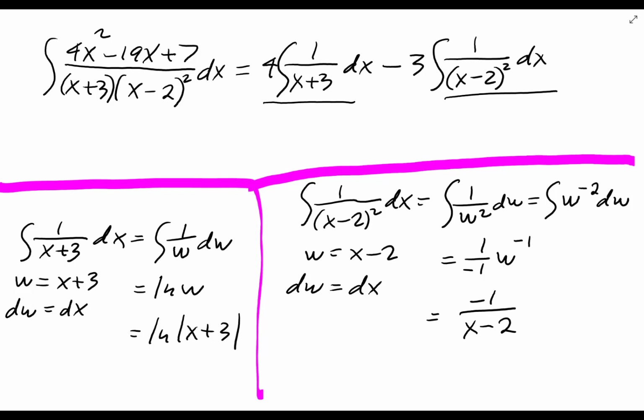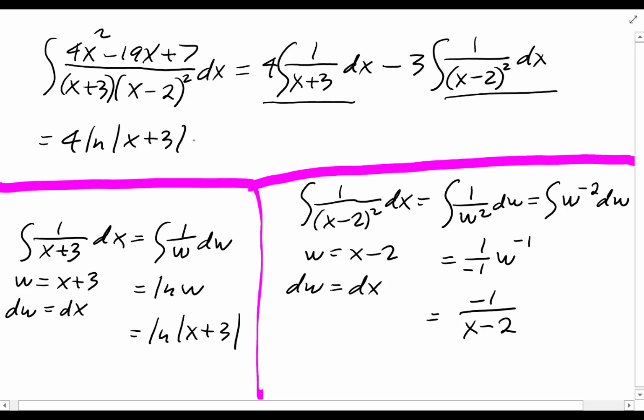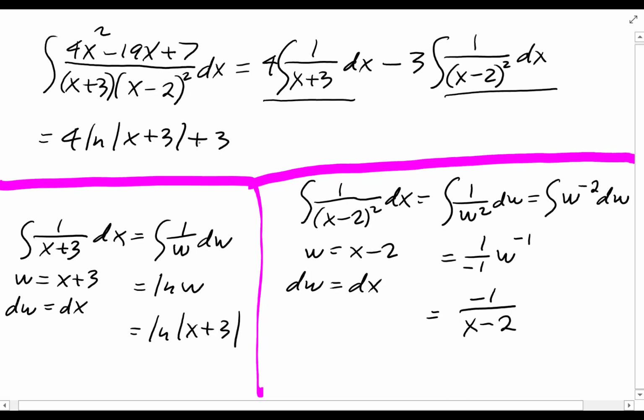And so we're finished. That first integral becomes 4 times the natural log of x plus 3 minus, oh no, this becomes plus. Here, let's put that 3 on the top.